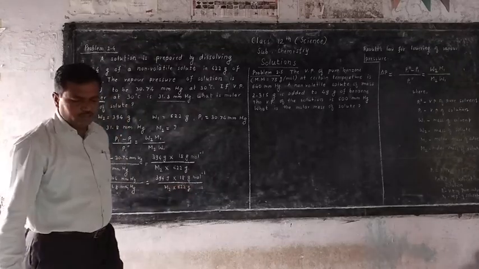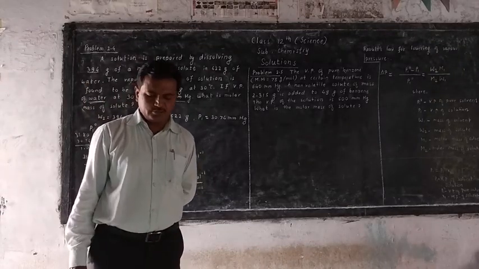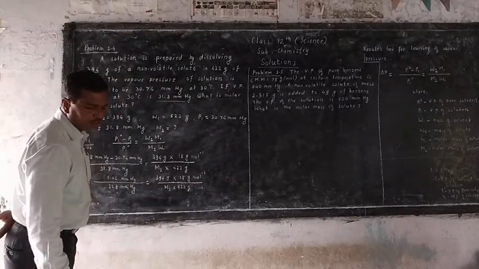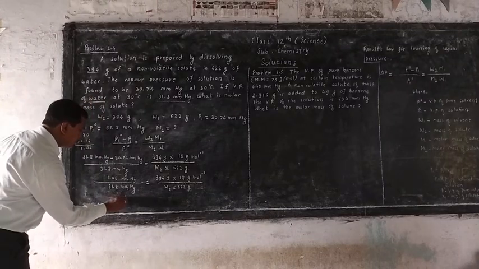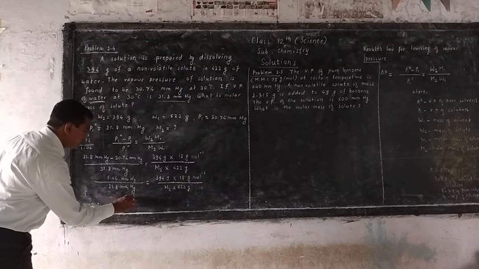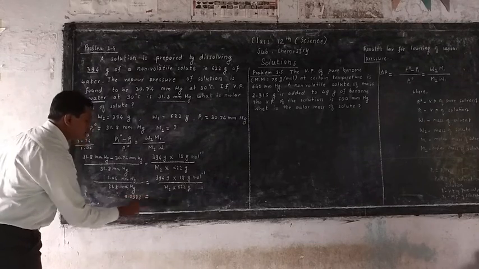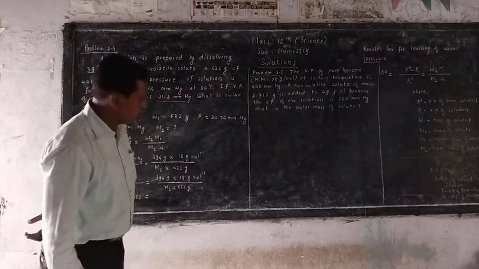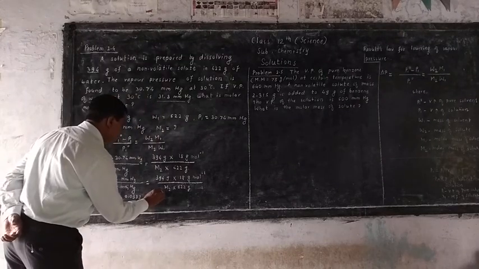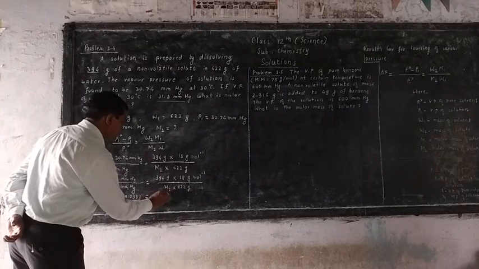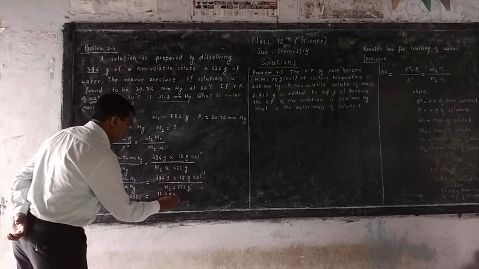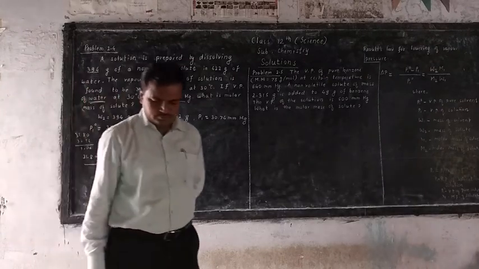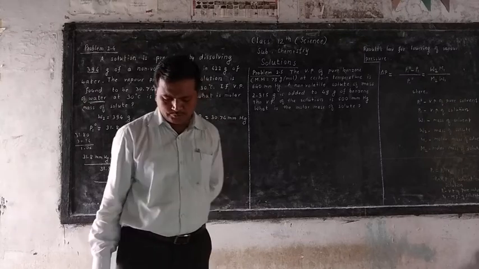By calculating this using log table, we will get here 0.0333 is equal to 11.4 gram per mole upon M2.